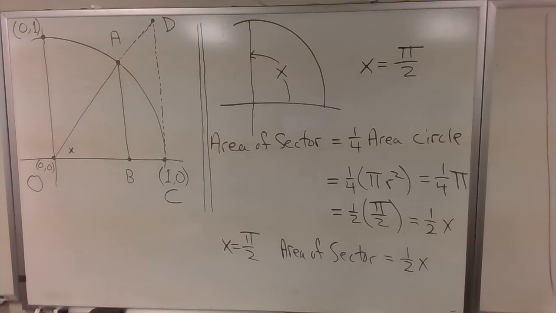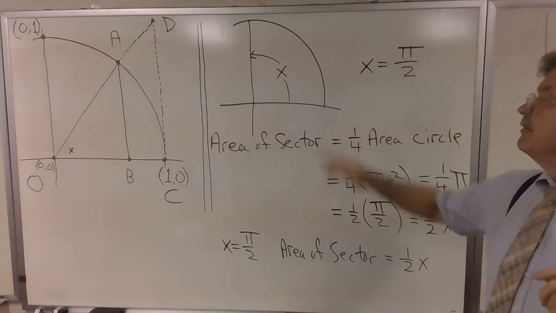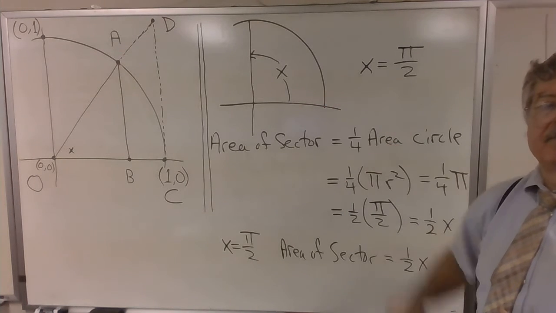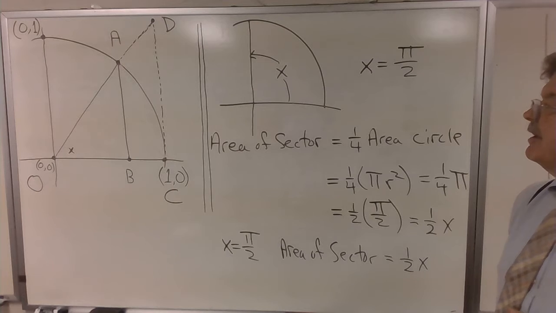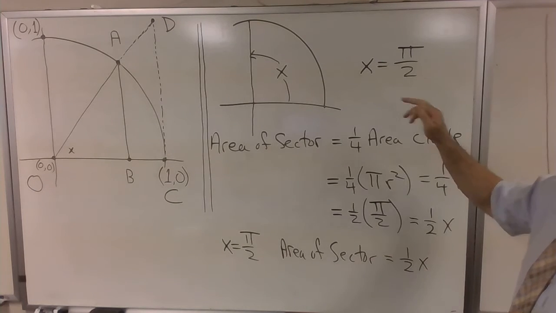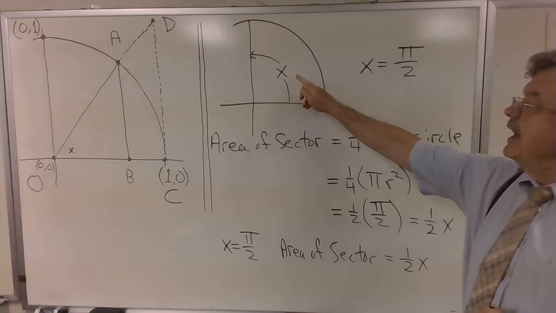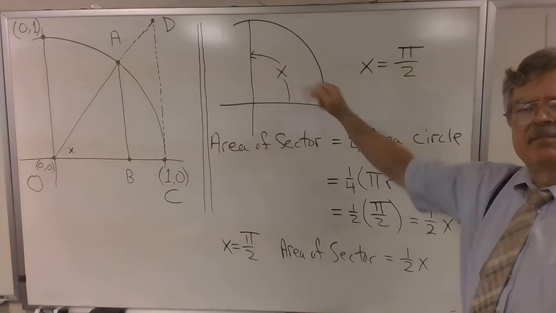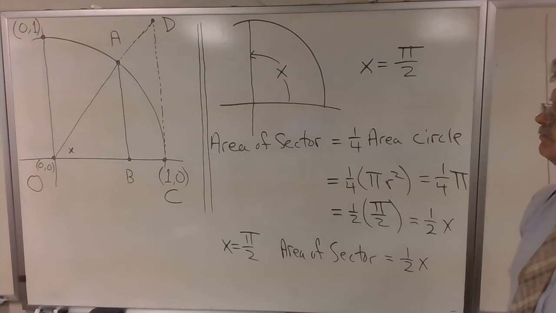So the point for this proof that we're about to do is that given the sector, any sector of a unit circle, the area of that sector is 1/2 x, where x is the angle that corresponds to that sector.